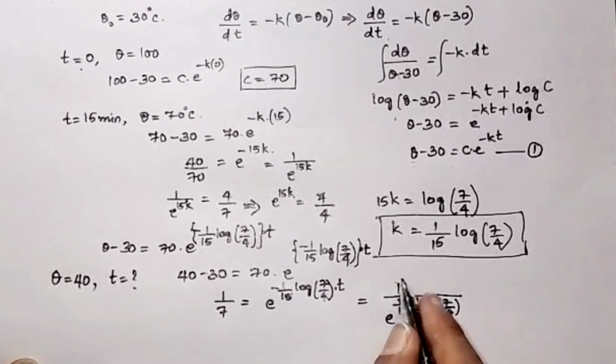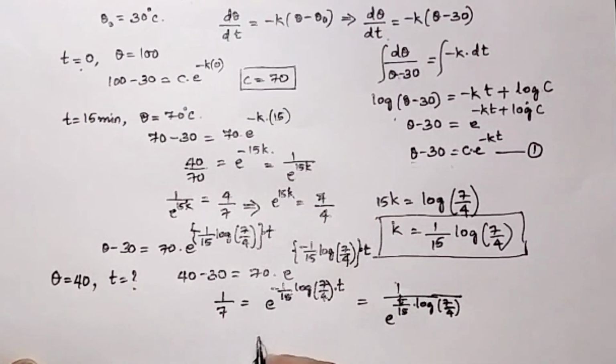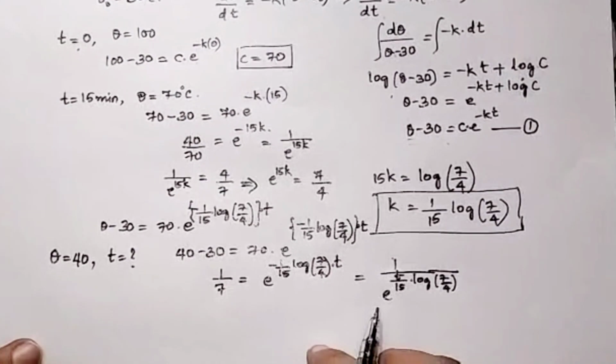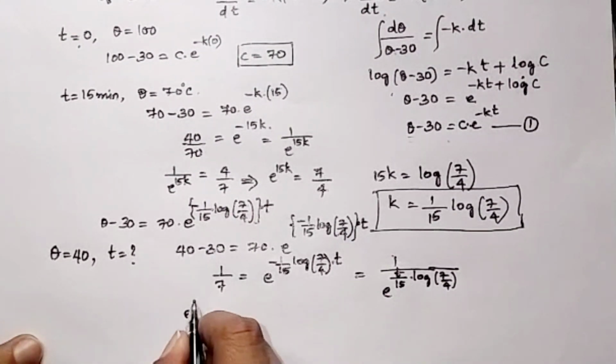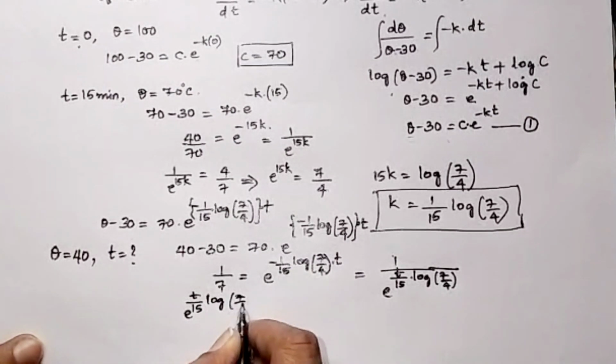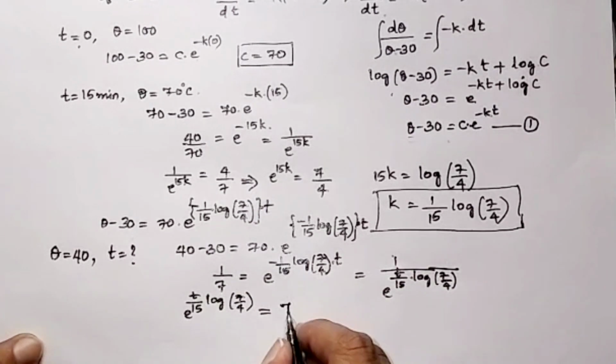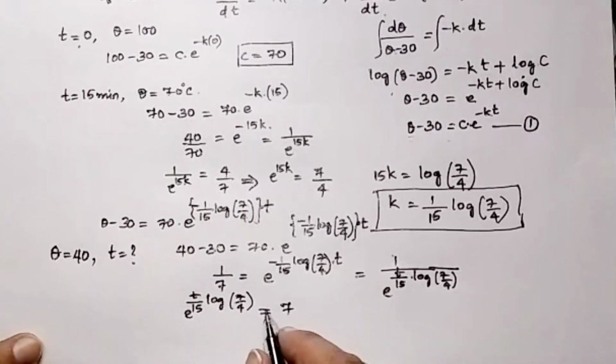Hence cross multiply: e to the power t by 15 into log of 7 by 4 is equal to 7.